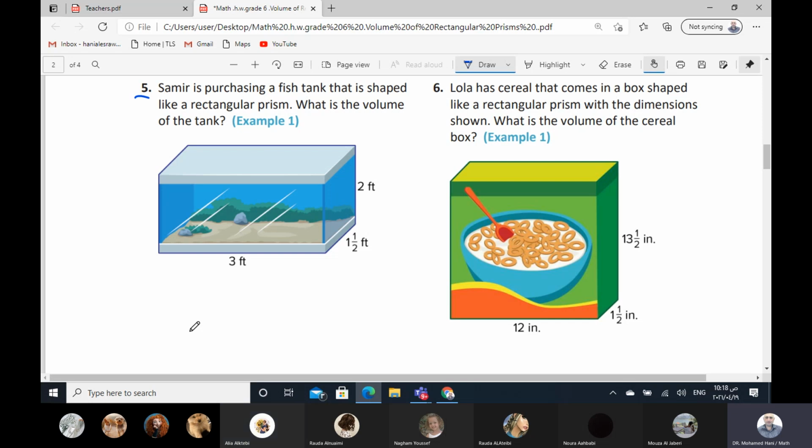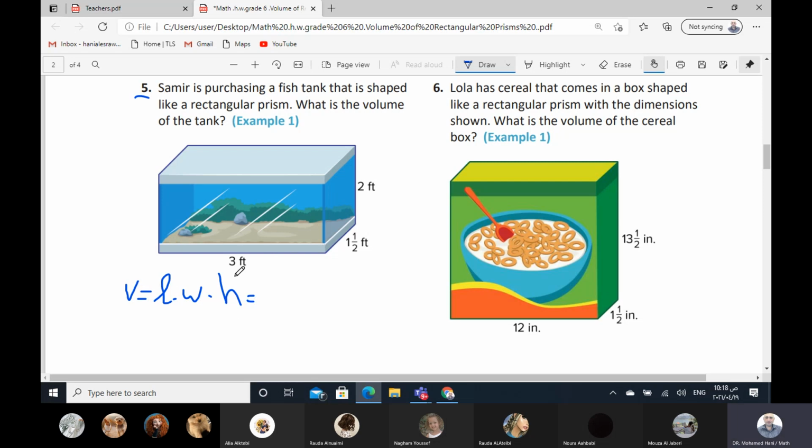Thank you. As you see, this is the length, width, and height. And we want to find the volume. V equals length times width times height.